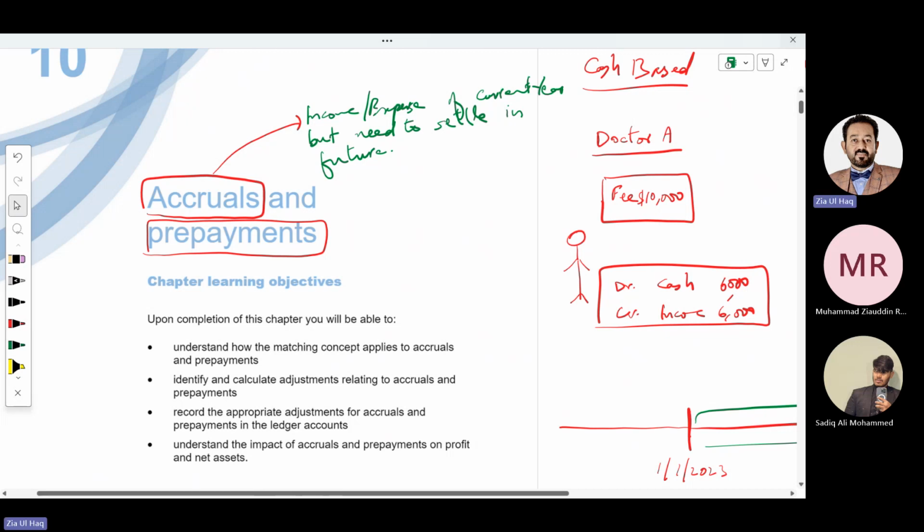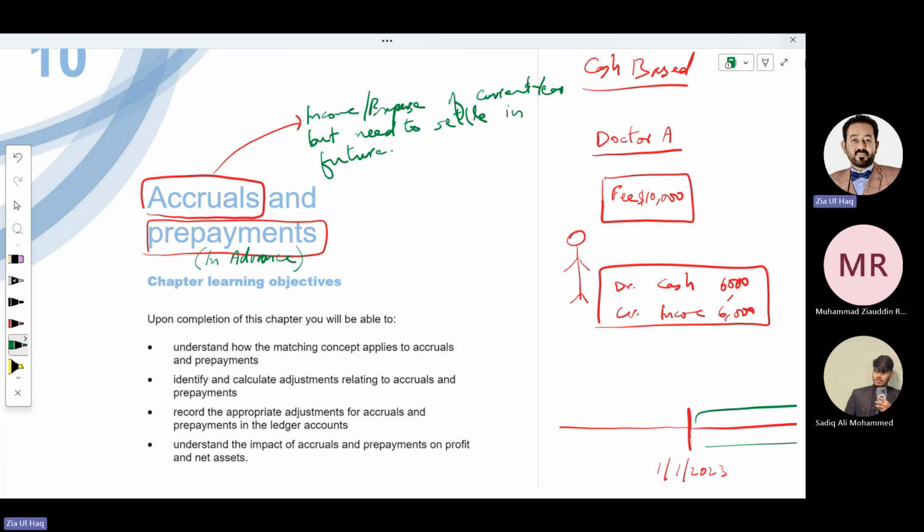What are prepayments? Prepayments mean in advance. Suppose we have paid our rent of next year in the current year as advance. Meaning the benefit we will take in future, but we have paid the amount in advance. That is called prepayments.